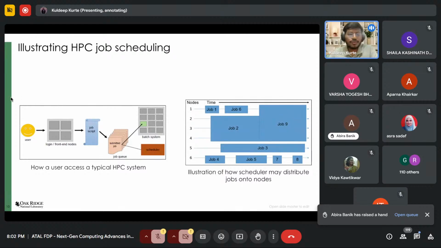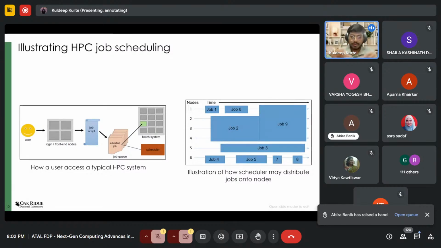Now, just to give you a small illustration of how we use that HPC system. Typically, these systems work around job scheduling. Whatever processing you want to do, you need to create a job submission script, or job script, as we typically call it.